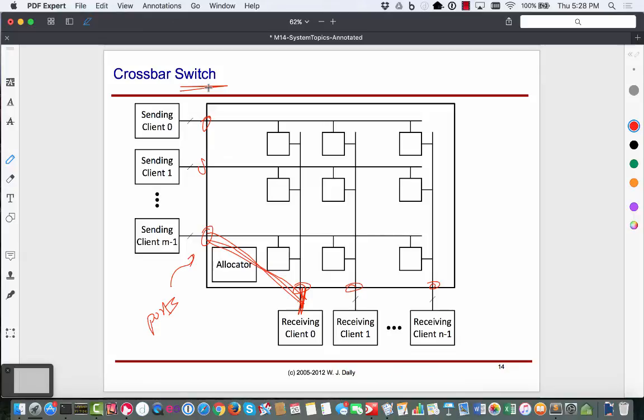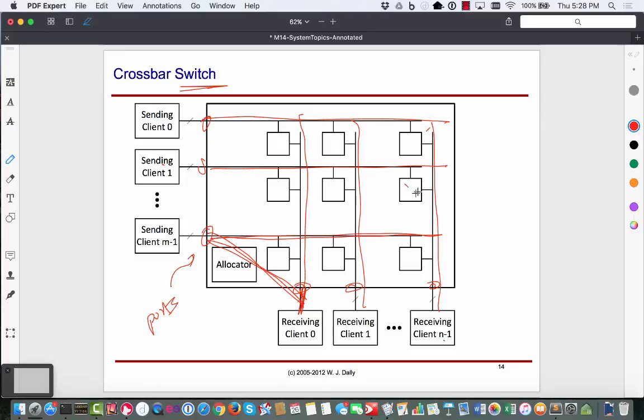Internally they can have more than a single bus. They can have more sophisticated structures so that they can connect multiple simultaneous transactions. A very common structure might be like the following. Imagine I have these lines running from every sending thing, and these lines running from every receiving one. Let's say sending client 1 wants to talk to receiving client n-1.